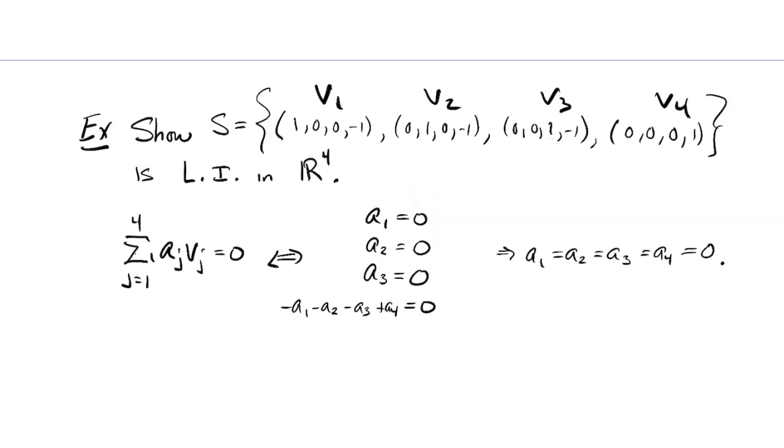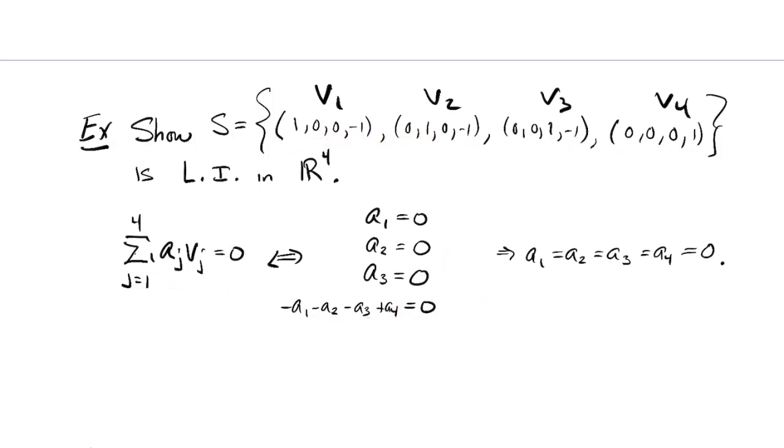The last equation: a1 gets a -1, a2 gets a -1, a3 gets a -1, there they are, and a4 picks up a 1. So the system in the fourth coordinate corresponds to that. But the first three equations mean these numbers are 0, and that implies that a4 is 0.